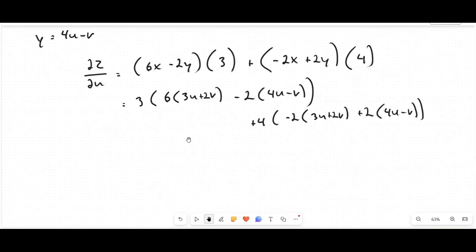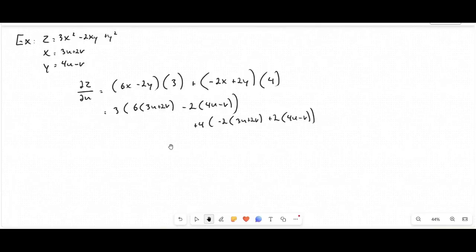Let me say something here. Let's say first that we didn't do that. I'm going to make a point here. I would have 18x minus 8x is 10x, and minus 6y plus 8y is plus 2y.